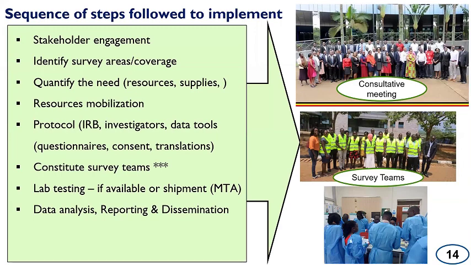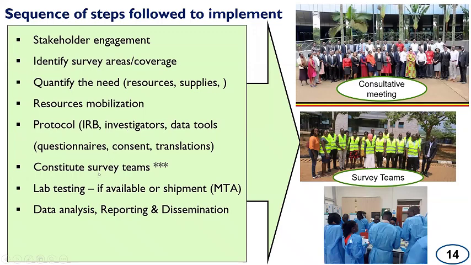You need to quantify the need in terms of resources and supplies, but also do resource mobilization. These days, Global Fund and major donors can allow inclusion of surveys in the grants. You have to develop the protocol and ensure that the NMCD personnel, malaria program personnel, are included in those protocols for acceptability, but also utilization of findings.